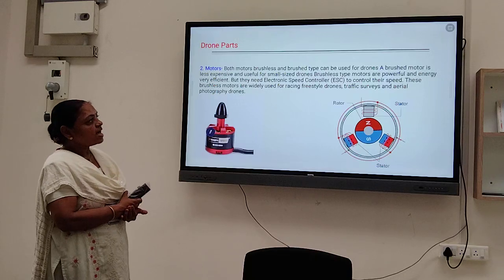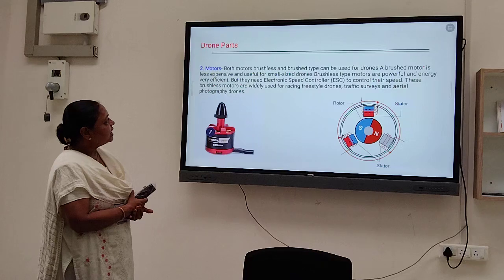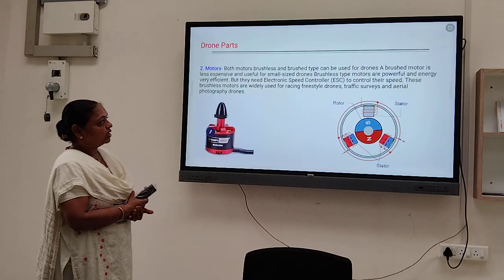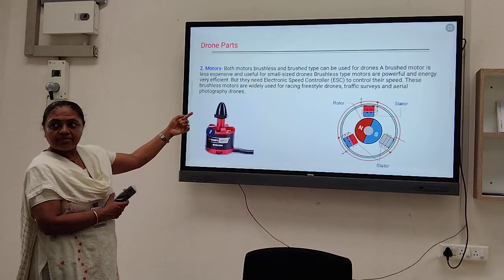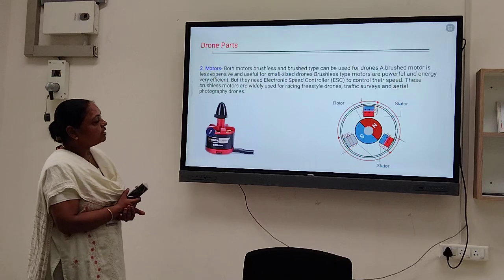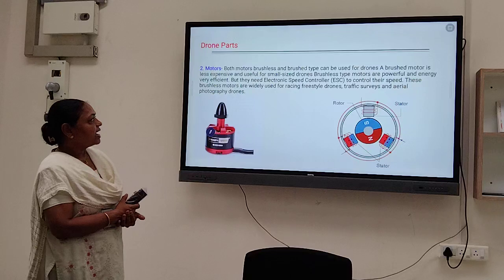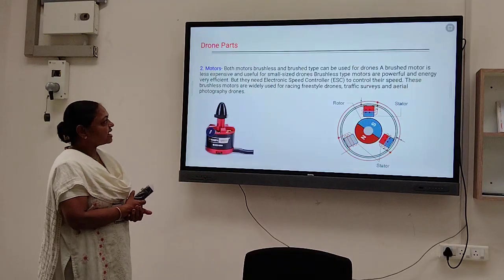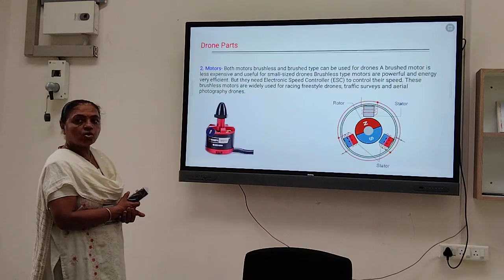Brushless motors are powerful and energy efficient, but they need an electronic speed controller. Now, which motors are available with us? Brushless motors are available because an ESC is also available in our drone. These brushless motors are widely used for racing freestyle drones, traffic surveys, and aerial photography drones.